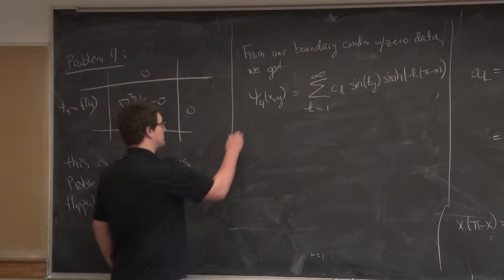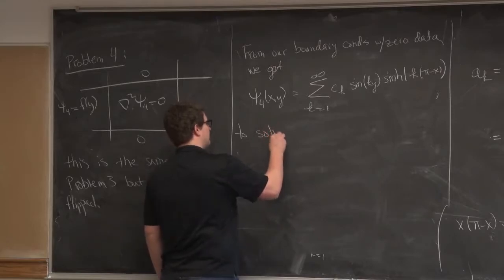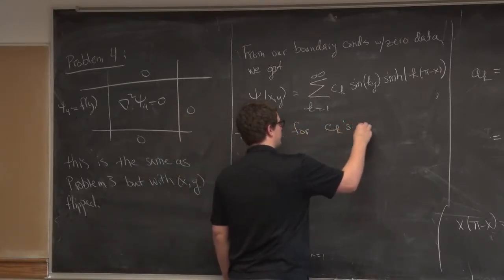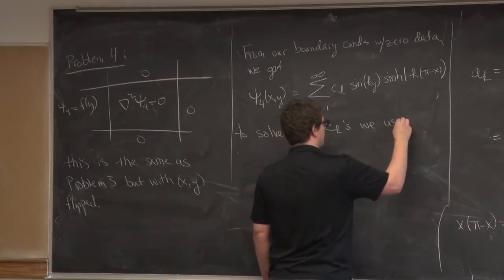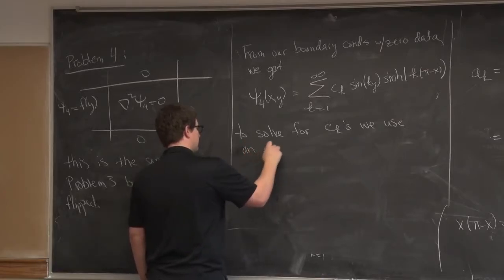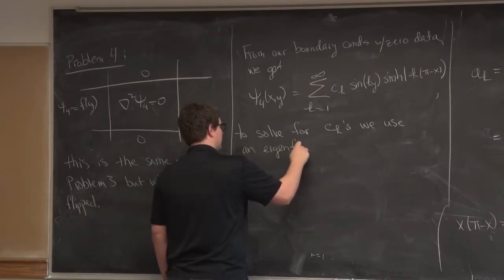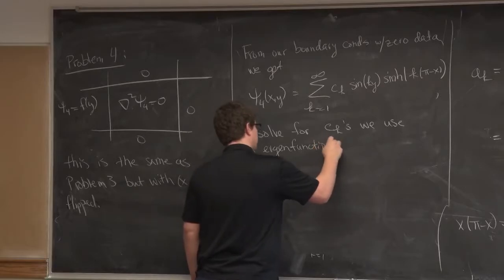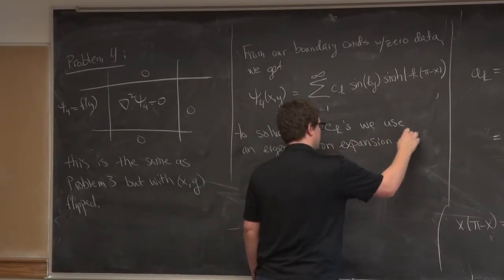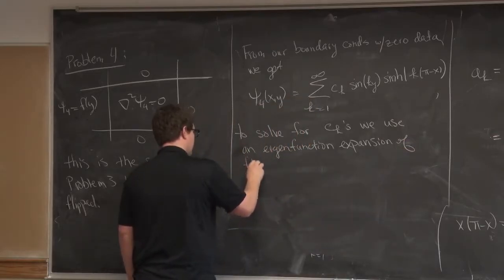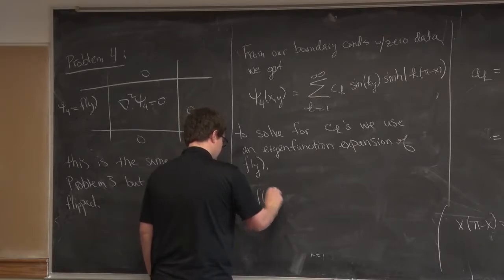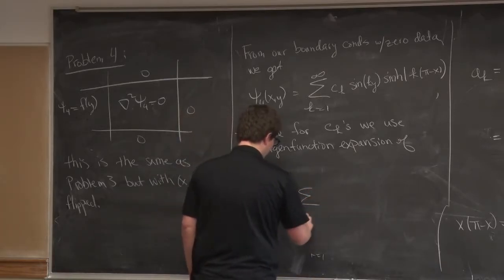Okay, so now we just need to match the c_k's with the data here. So to solve for the c_k's, we use a sine series or eigenfunction expansion of f of y. So this is what it looks like in general.